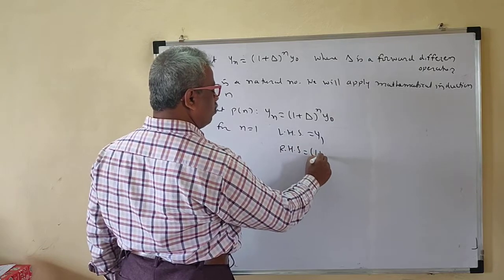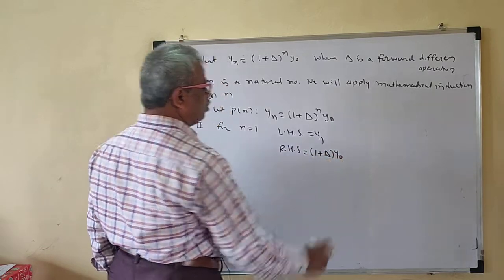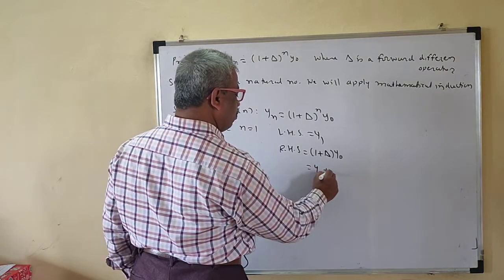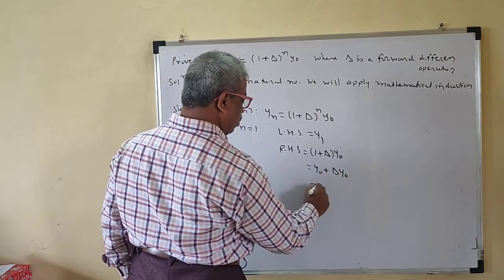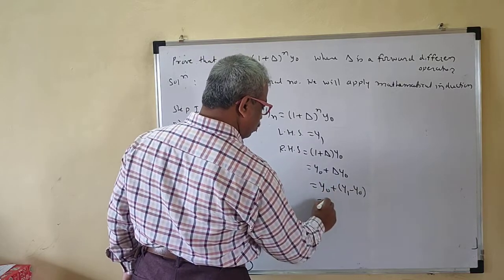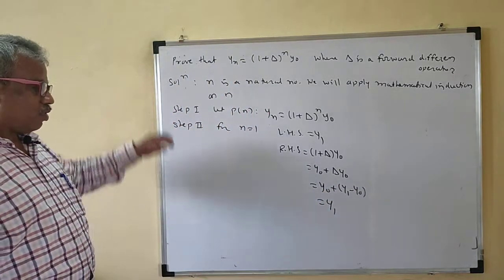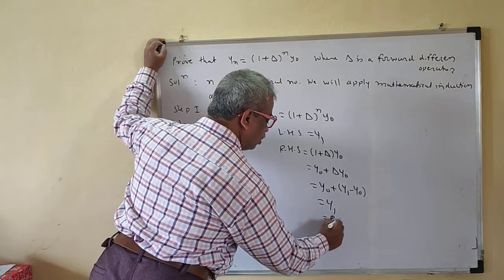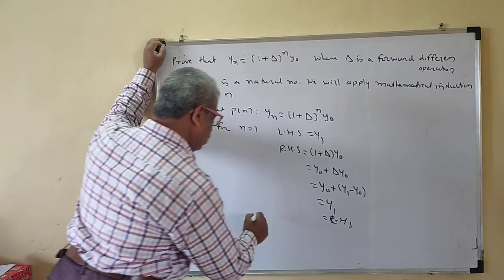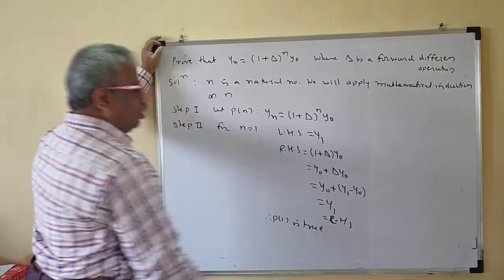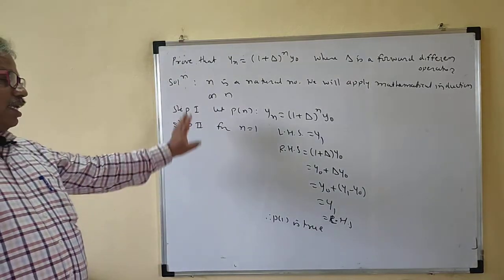RHS is equal to 1 plus delta y0. So this is y0 plus delta y0, so this is y0 plus y1 minus y0. So this is y1. So this is equal to LHS. So therefore P1 is true.